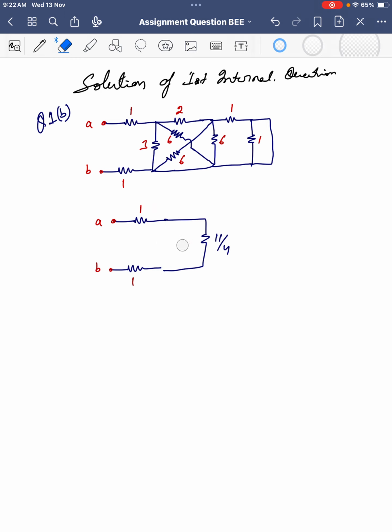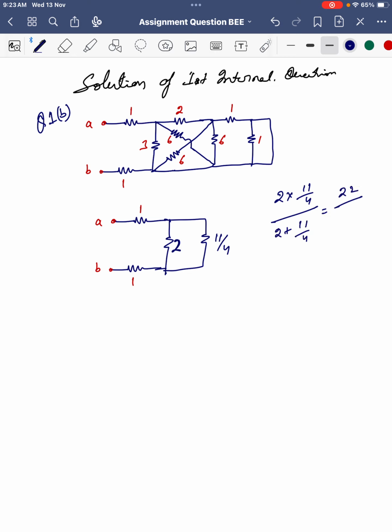Together we can replace these two with a resistance of 2 ohm. Now this 2 ohm and this 11 by 4 are in parallel, so we write 2 into 11 by 4 by 2 plus 11 by 4, which is 22 by 19.